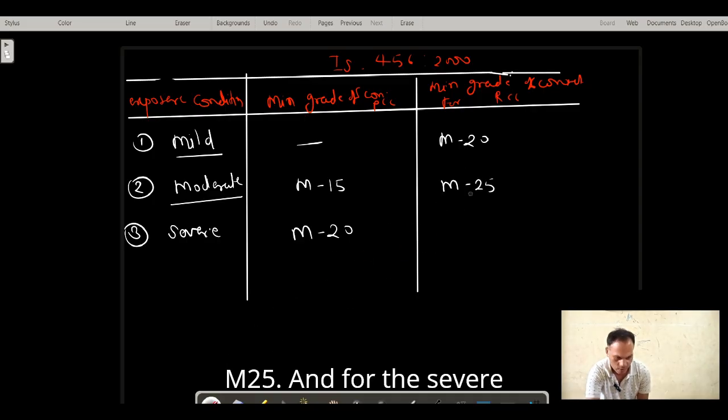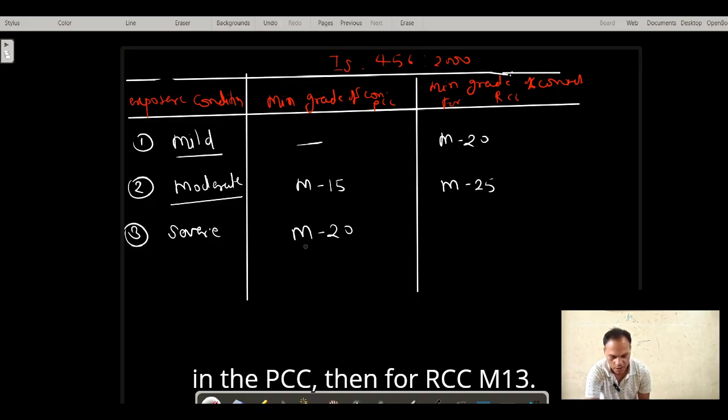And for the sewer condition M30, M20 used in the PCC, then for RCC M30.